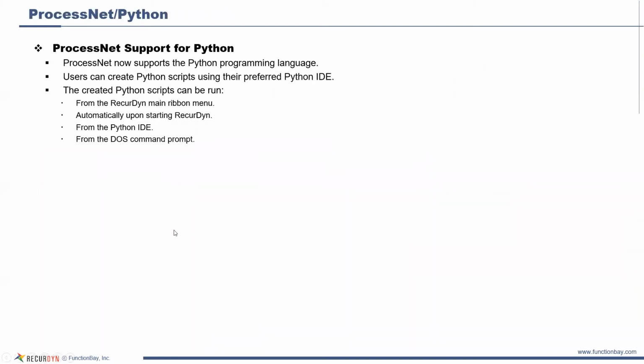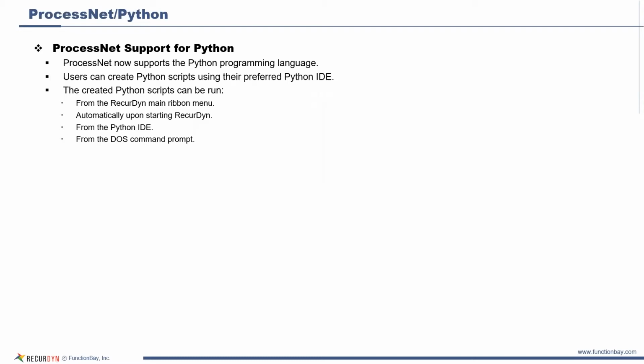The next enhancement is ProcessNet support for Python. We'll be going into this in a little bit more detail later, but just to briefly go over some of these benefits. Python is a scripting language that is now supported along with Visual C# and Visual Basic.